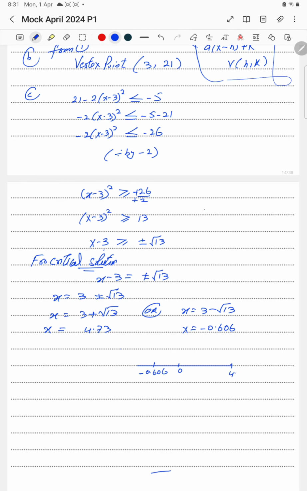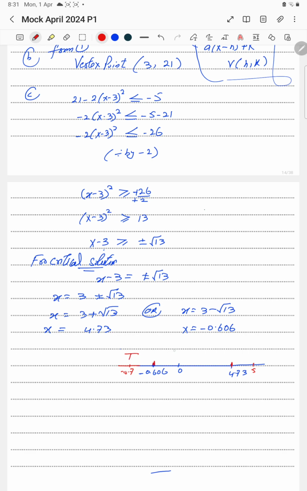So how many regions do we have? One region here till here, another is this. So we need to check the values, say minus 0.7 here and here 5.